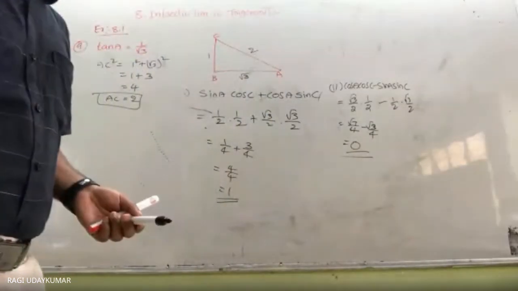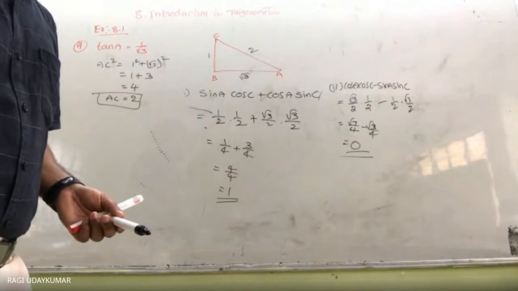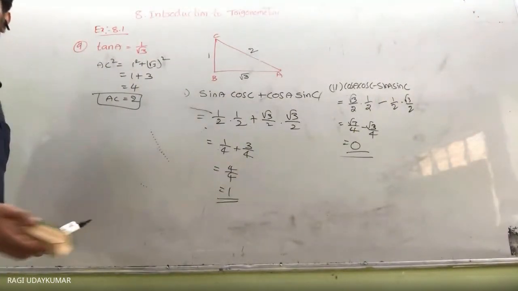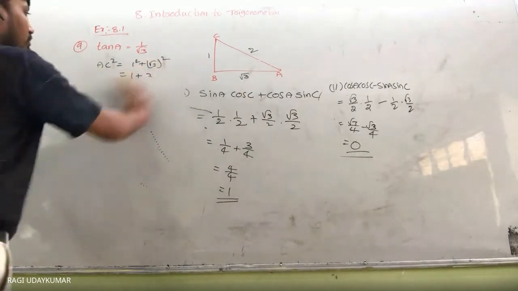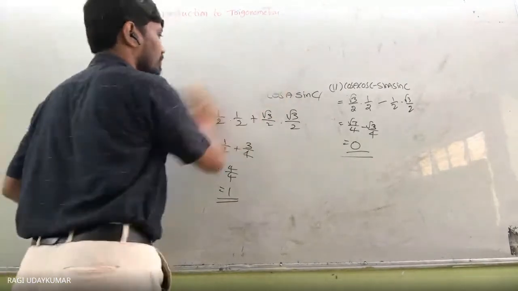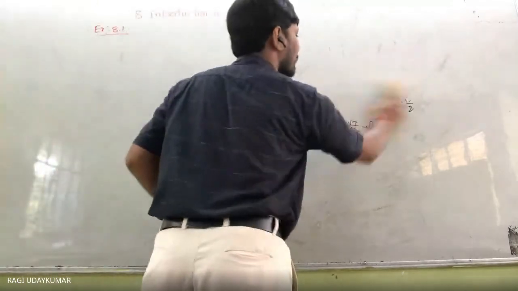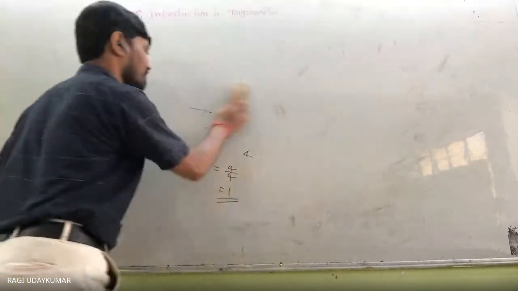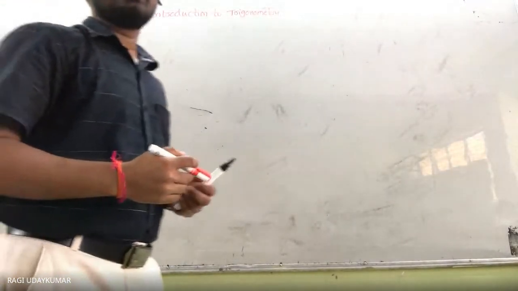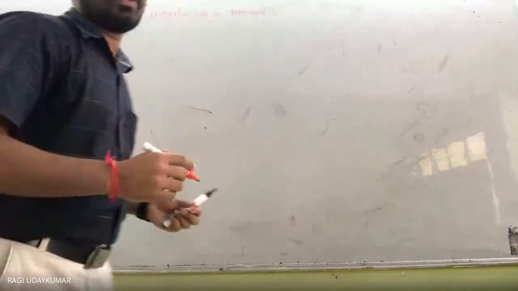Okay. So remaining all the questions are whatever it is given to you, it is easy only. 11th question you see here. State whether the following statements are true or false and justify your answer.